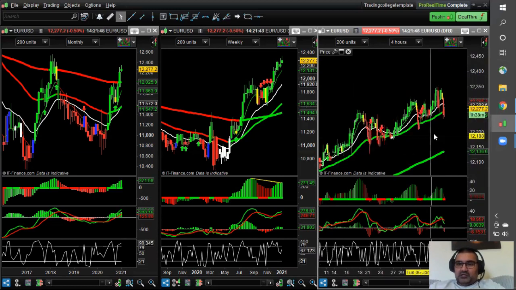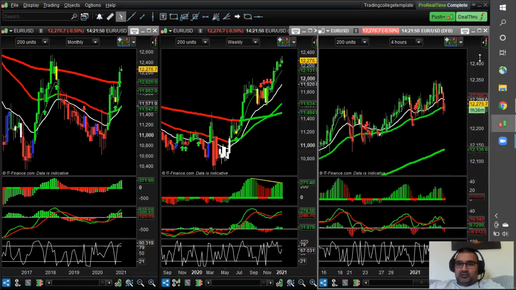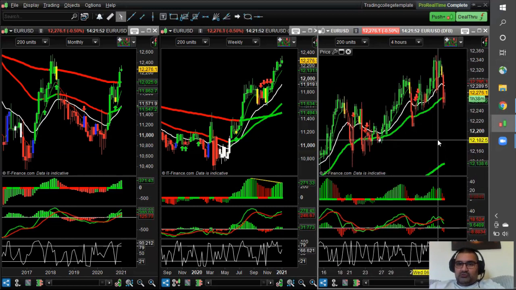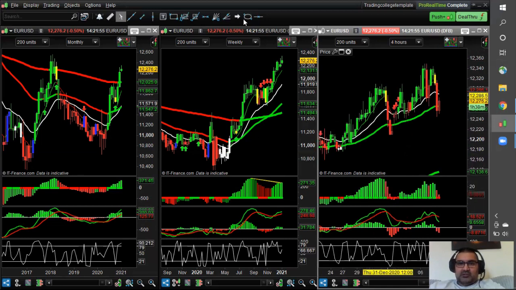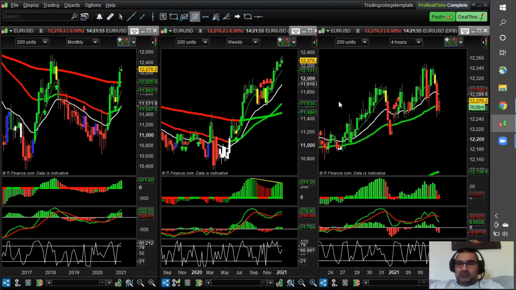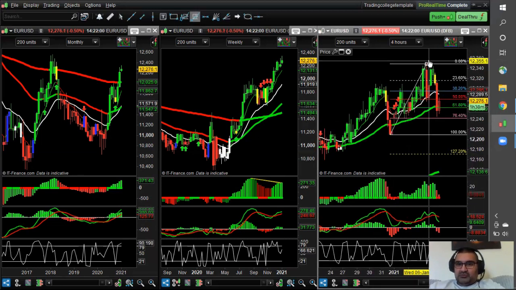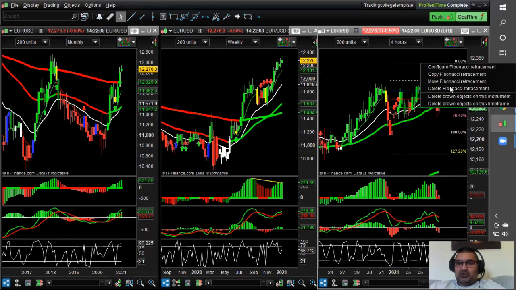If you're looking at the 4-hour time frame, a very short-term retracement here could be the move from there to there. So let's have a look and see what's happened right now. I really don't know if this bounced off the fib line, but you can see here, it's come here, hit the 76.4, and then pushed up really, really nicely. So this was a good example of a Fibonacci retracement.